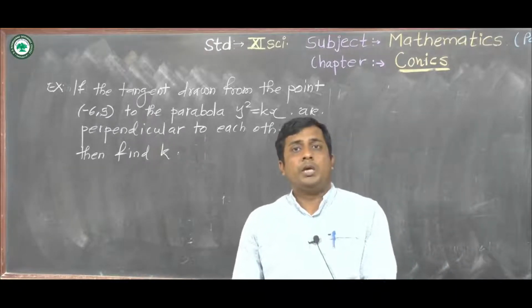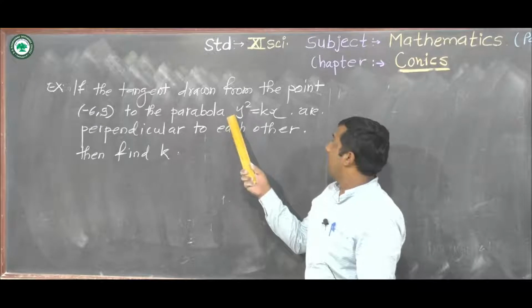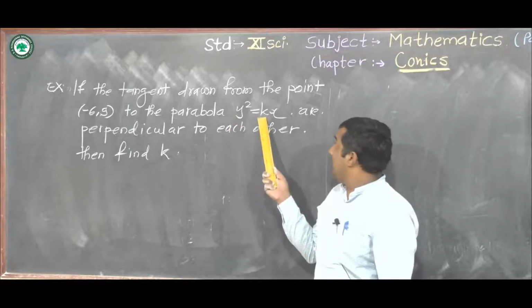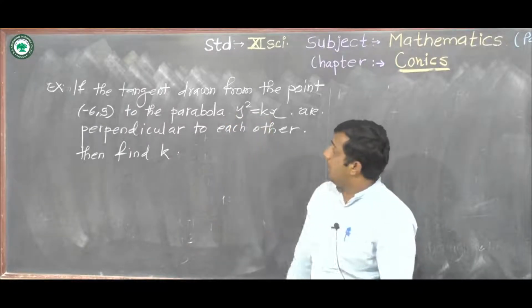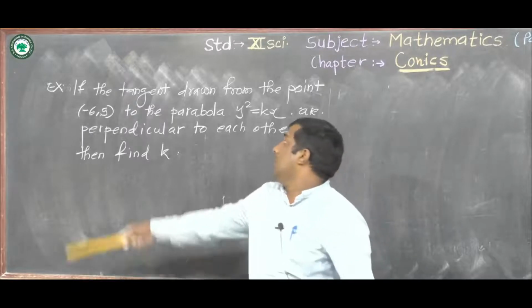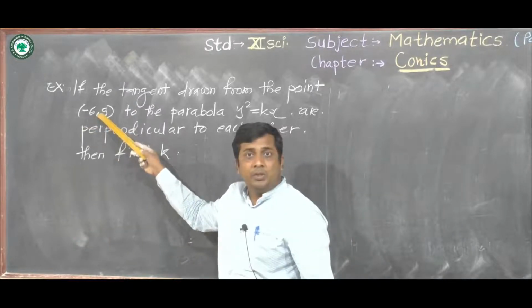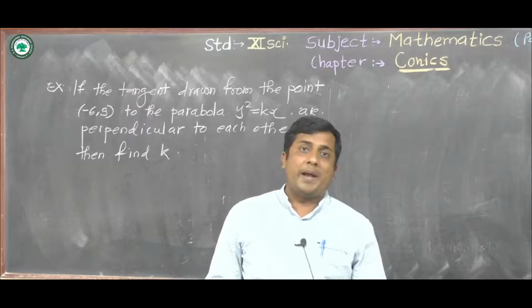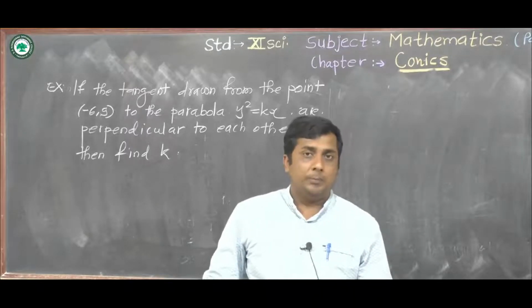Here again the equation of the parabola is y square is equal to kx, where k is to be found. Our tangents pass through the point (minus 6, 9), and the tangents are perpendicular to each other.